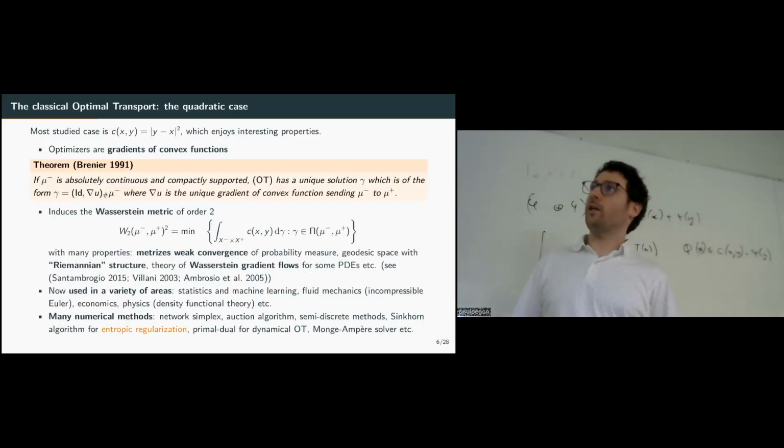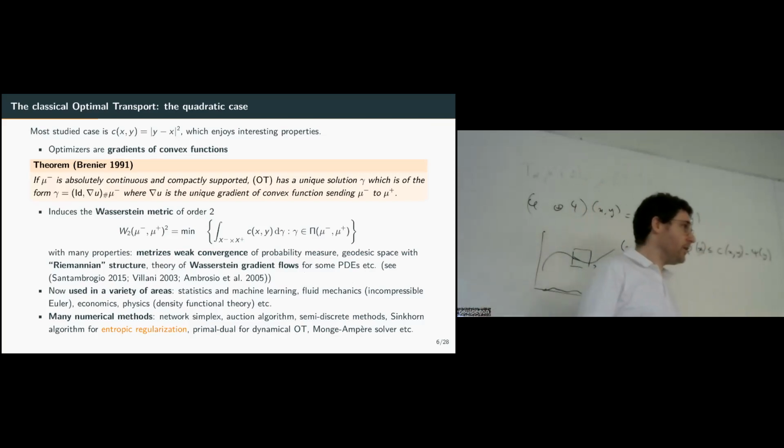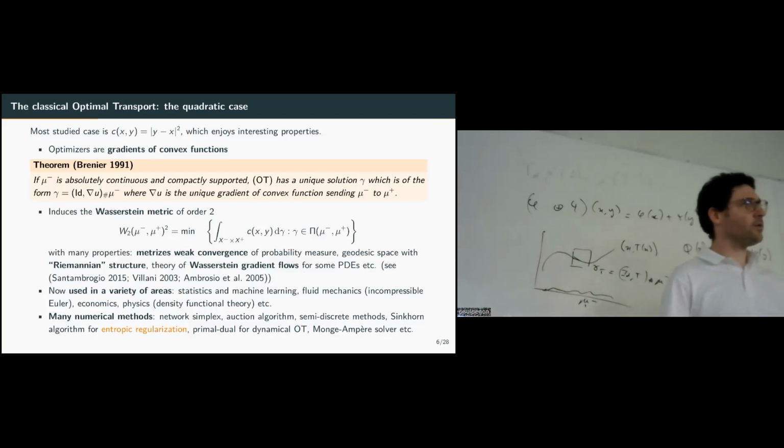Okay, and in this case, you have a very nice metric that is induced. So the optimal cost given mu minus and mu plus is called the two-Wasserstein distance. So it's a non-negative quantity, which is a metric. So it's a distance over probability measures. It metrizes the weak convergence of probability measures, and you have many nice geometric properties there. You know that it's a geodesic space. It has some kind of Riemannian-like structure.